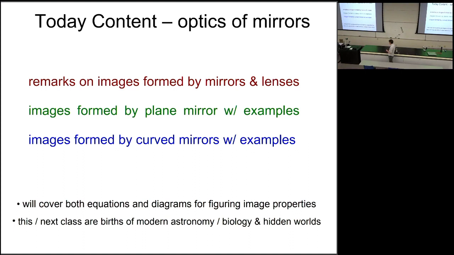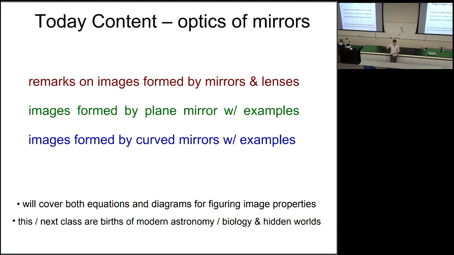I'll make a remark that the understanding of the images formed by mirrors, that's today's class, and the images formed by lenses were the birth of modern biology and modern astronomy, because they allowed the development of astronomical and biology instruments.